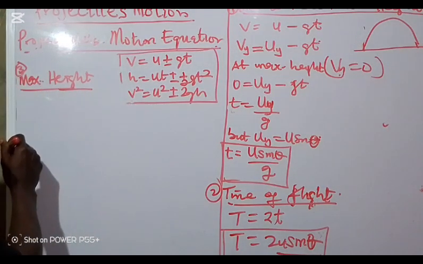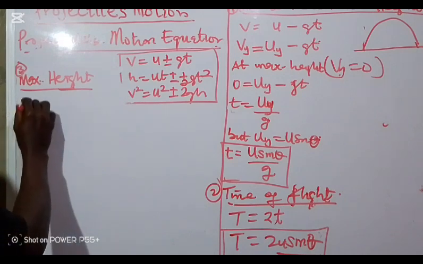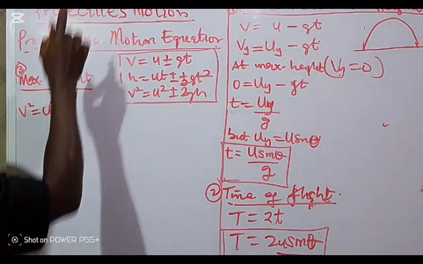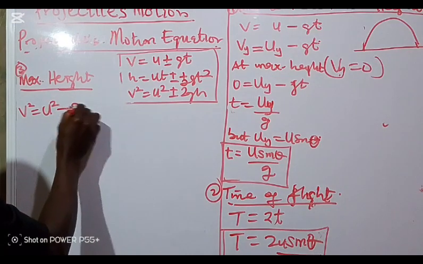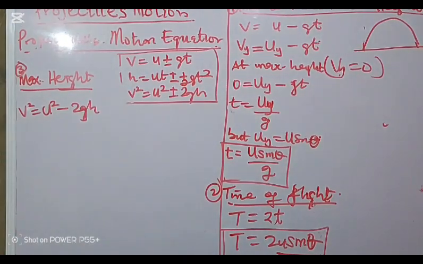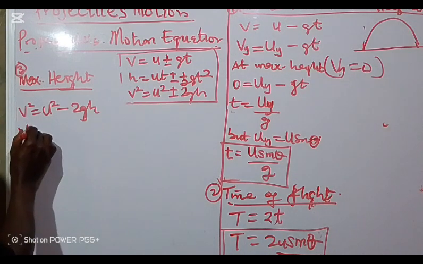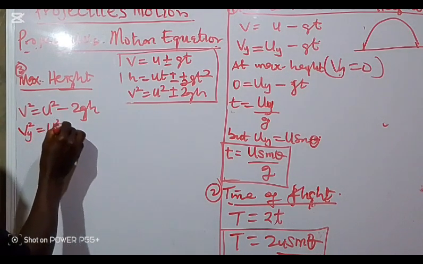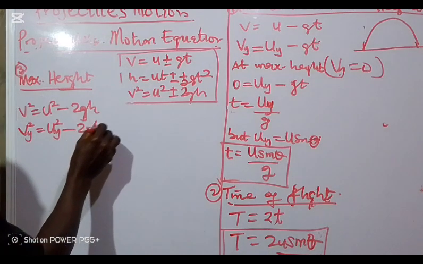V squared is equal to u squared minus 2gh, where h is the maximum height. Now, this is the formula under motion under gravity. Let's relate it to projectile motion. It will be Vy squared is equal to Uy squared minus 2gh. That's what makes the difference.